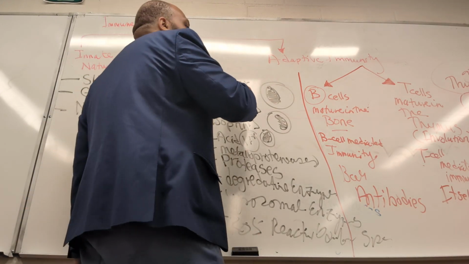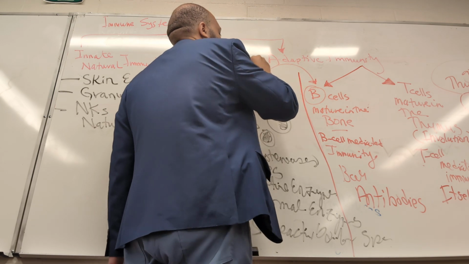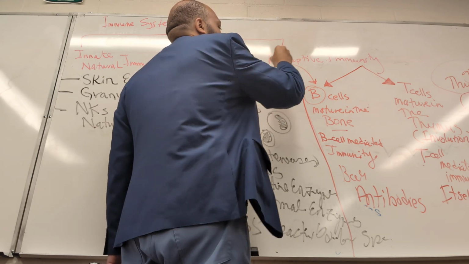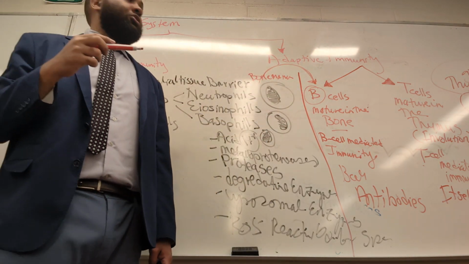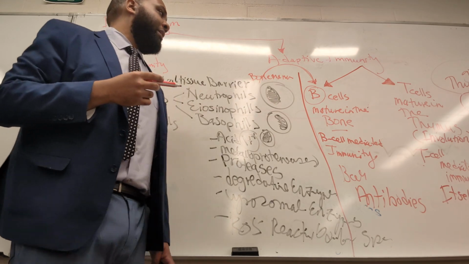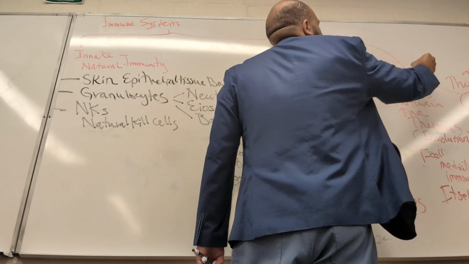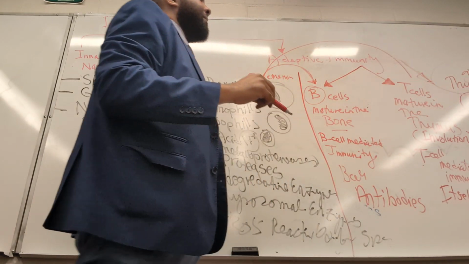They come from the bone marrow, and if they go on to become B cells, they mature in the bone. But if they go from the bone marrow to the thymus, then they will become T cells.